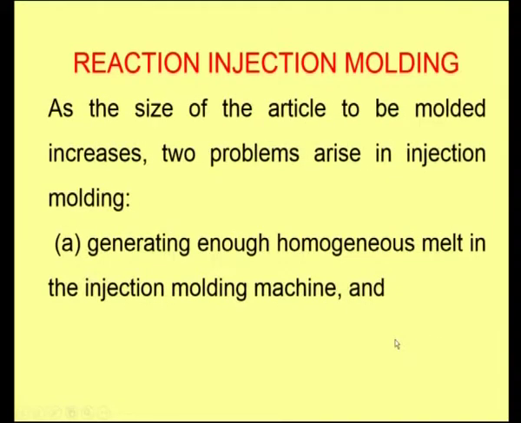Why we want to go for reaction injection molding? Because injection molding, almost any plastic product could be prepared by injection molding, then still we need to go for reaction injection molding because of these reasons. One thing is, as the size of the article to be molded increases, there will be two principal problems that will arise in the injection molding. One is generating enough homogeneous melt in the injection molding machine.